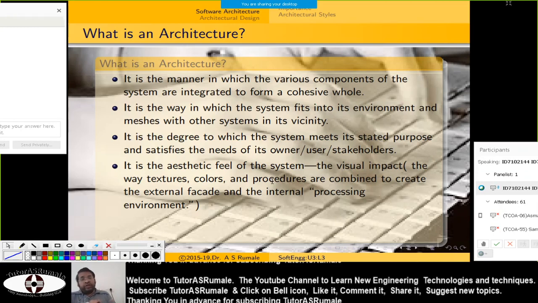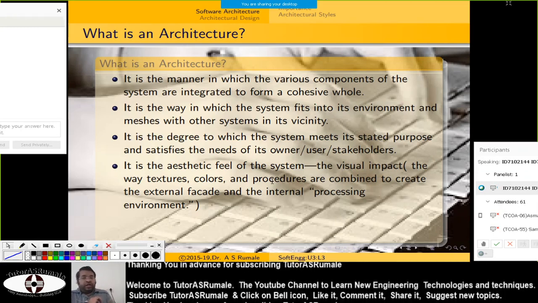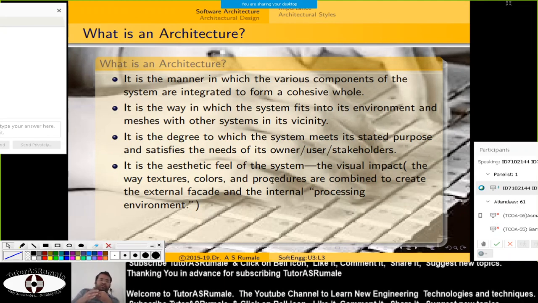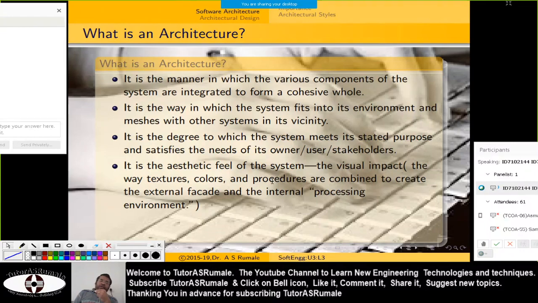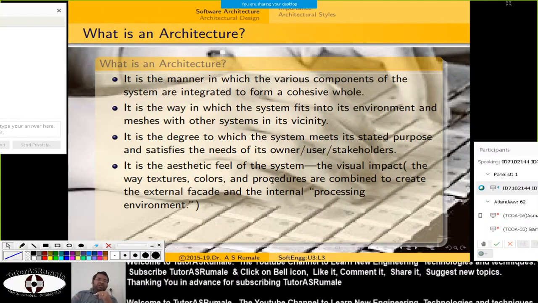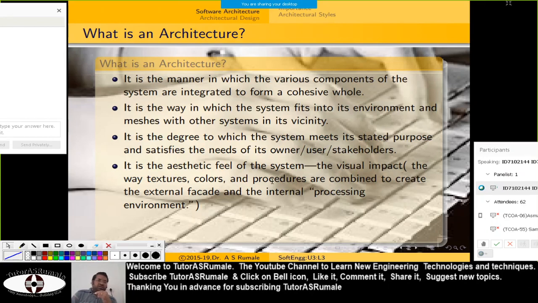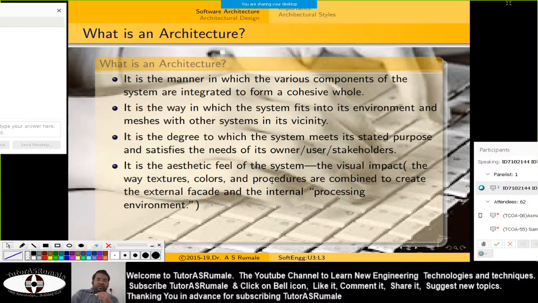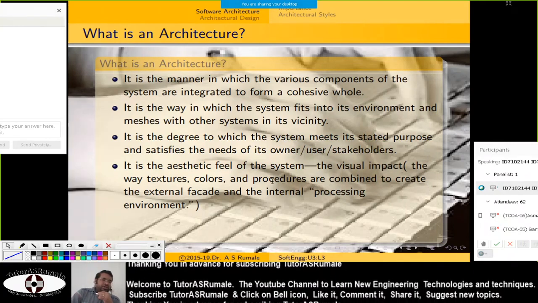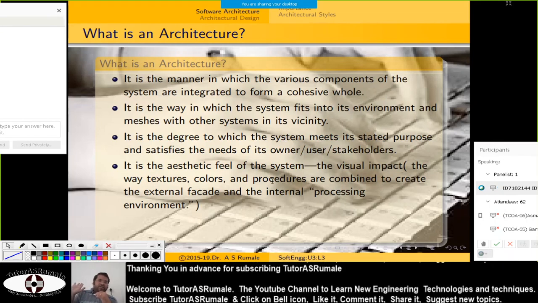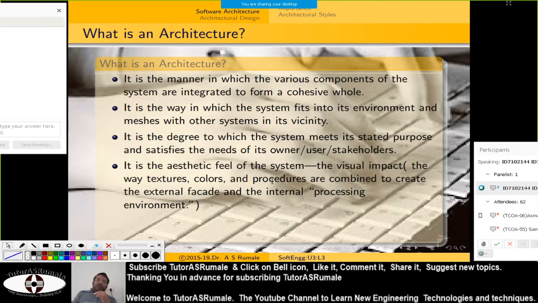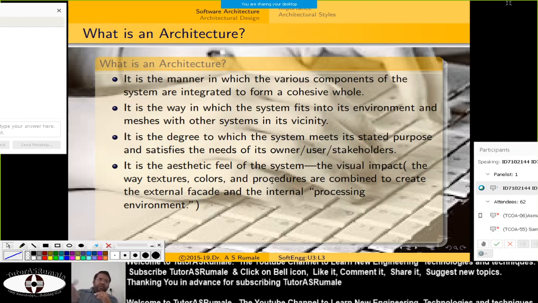Now, what is an architecture? So architecture is the aesthetic feel of the system. Just consider that you wake up early in the morning, not combing your hair, not brushing your teeth, no bath taken, no change of clothes, and you just wake up and start relating with the public in the same attire.